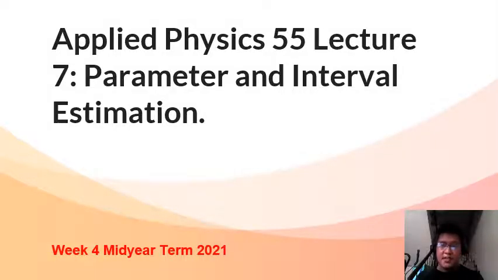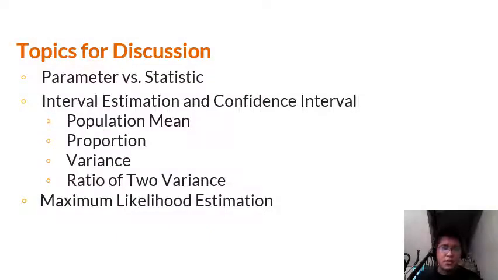Today we will discuss parameter and interval estimation. We will discuss parameter versus statistic, what a parameter is and what a statistic is, and interval estimation of your population mean, proportion, variance, and ratio of two variances.